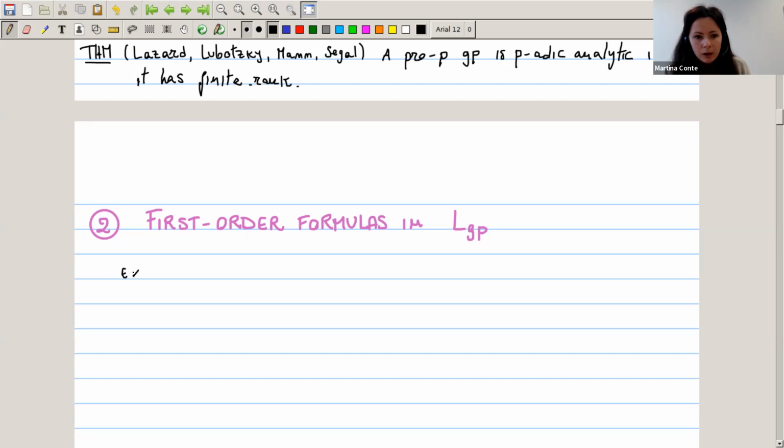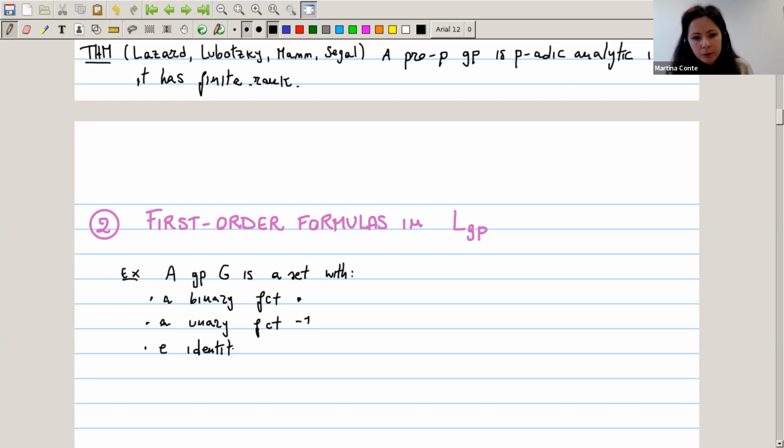For example, what do we have when we have a group? A group G is a set endowed with a binary function, the group operation, a unary function that is the inverse map, and finally a distinguished element, which is the identity element of the group.